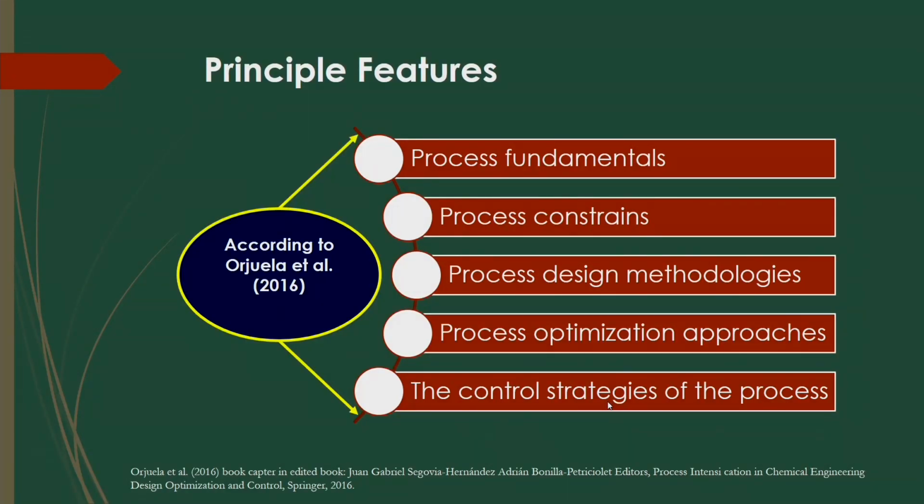And also the controlling strategies have to be known, how those complex methods can be controlled for that particular intensified process. So, these are important features to design a particular process in your intensified way to get the output. These are the common principal features for all process intensification.